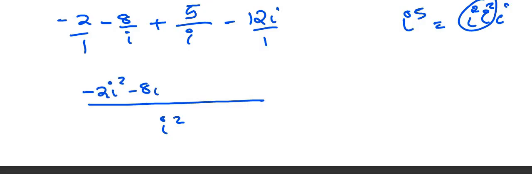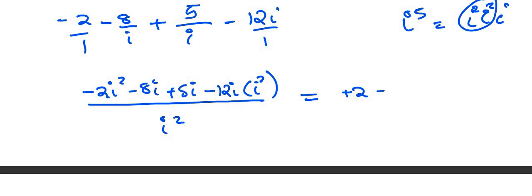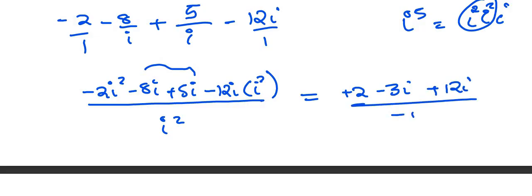Yeah, so again, we do the same thing that we did previously. This is going to be 8i plus 5i. Then minus, there's already a 12i. We're multiplying it with another i squared. Negative 1 times negative 12i will be positive 12i. This is negative 3i because these two are like terms. Down is a negative 1.